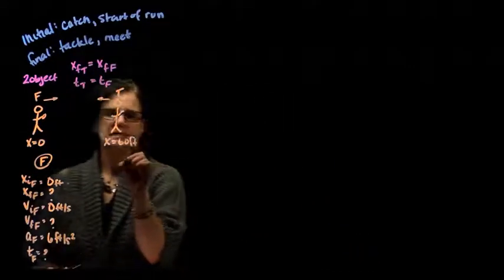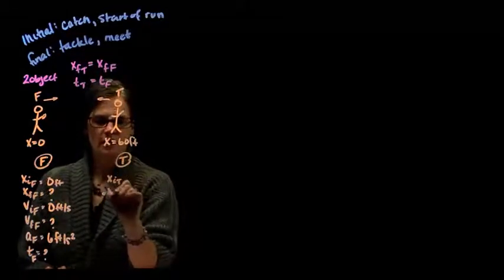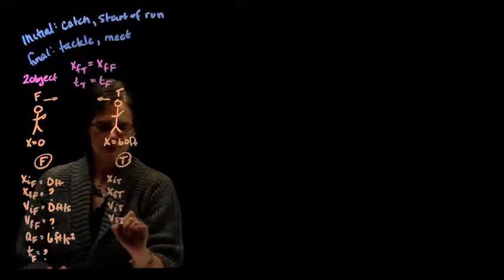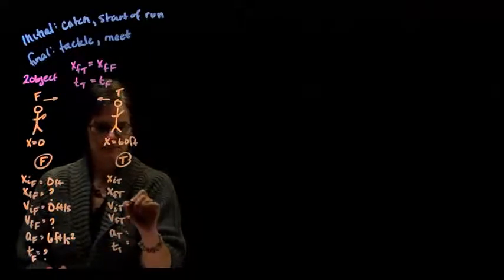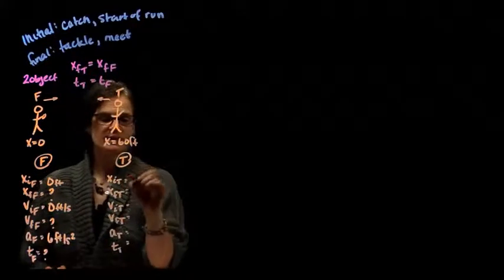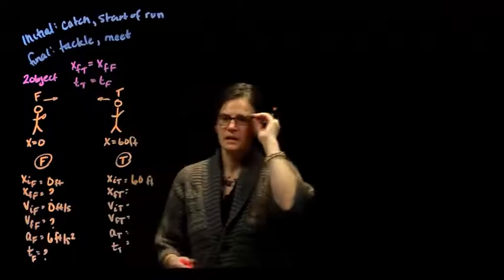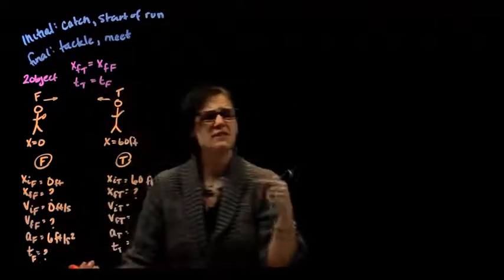What about our list for Tom? All right, so we have x initial, x final, v initial, v final, acceleration, and time for Tom. Well, he starts at 60 feet. We said he was 20 yards away when the catch is made, 60 feet. We don't know where he ends. It says he's going at 15 feet per second.